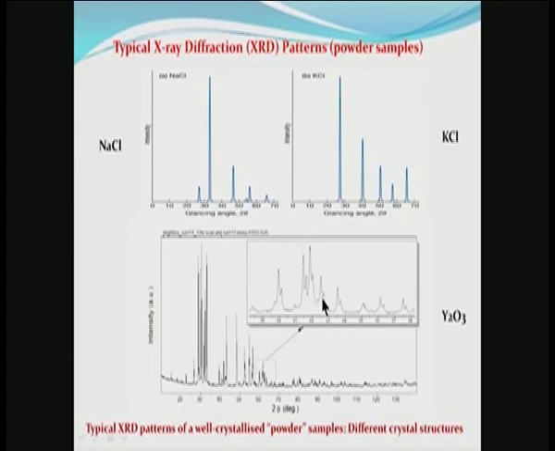Now, what the inset shows is an expanded plot of intensity versus 2 theta over here. So, what is evident from this, more evident in this lower graph than in the upper one, is that each one of these peaks is reasonably broad. It is not a sharp line with a very sharp value of theta. In other words, there is a certain width to these X-ray diffraction peaks.